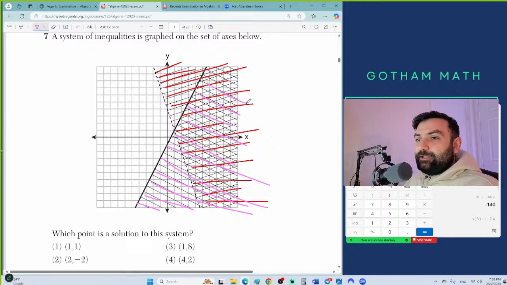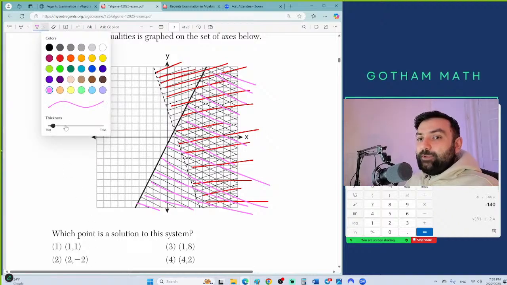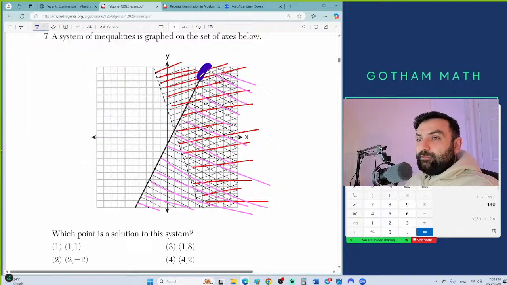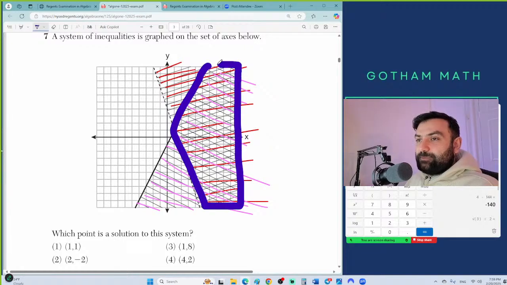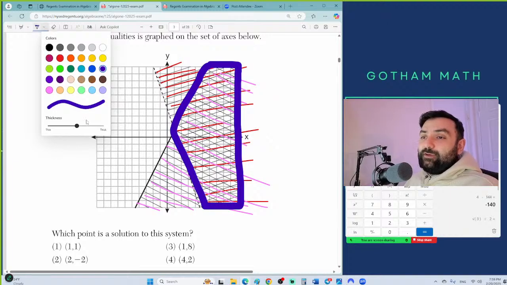So officially the solution set is where those two intersect. It means we have to choose a number from this region. When you go through all of the choices, you'll see that only one of them makes sense, which is 4, 2.